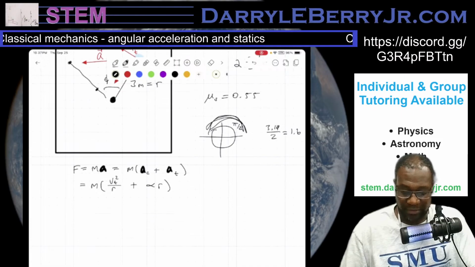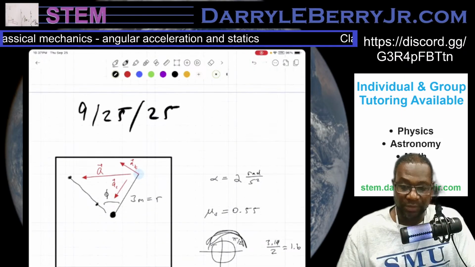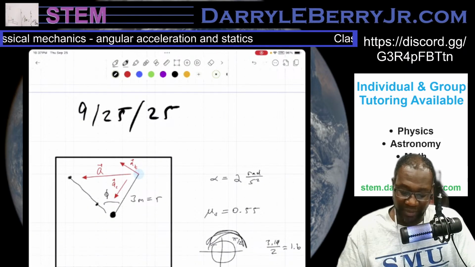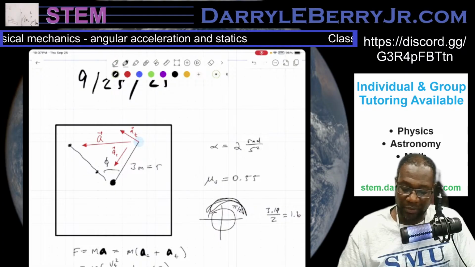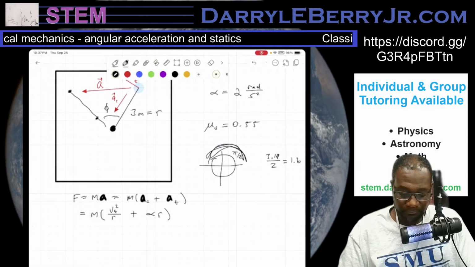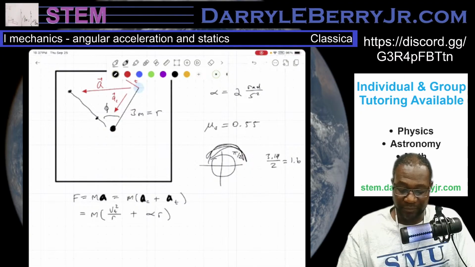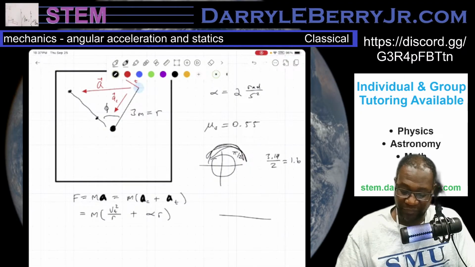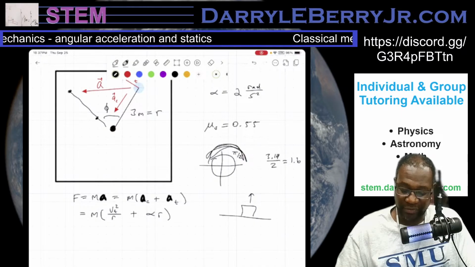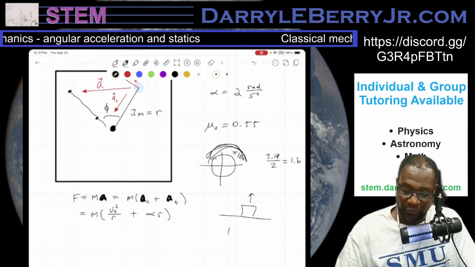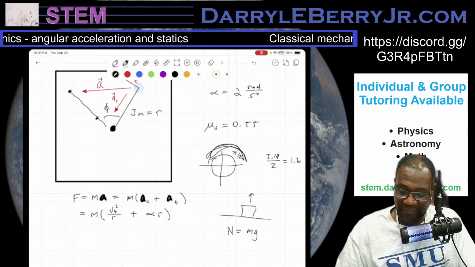All right, so let's look at this detail. We don't have a mass, but we do have the coefficient of static friction, and the coefficient of static friction is going to be related to the normal force. The normal force of an object is the force pushing up from a surface and stopping it from falling through the surface. That normal force is going to be the same thing as the mass times the gravity.